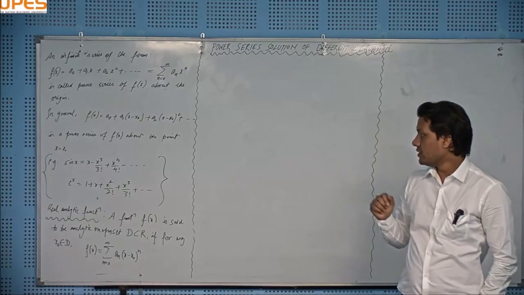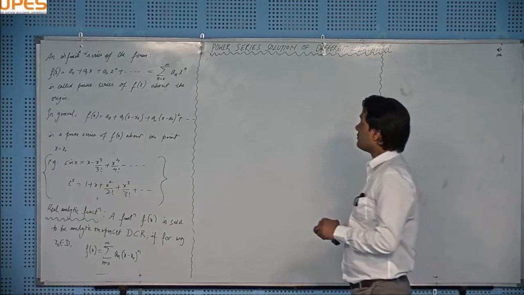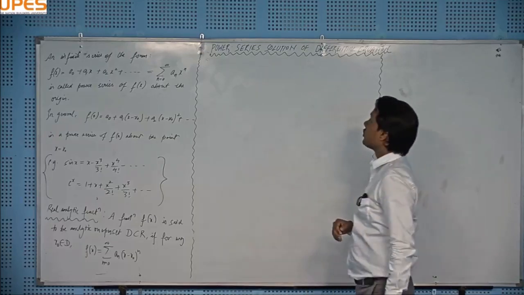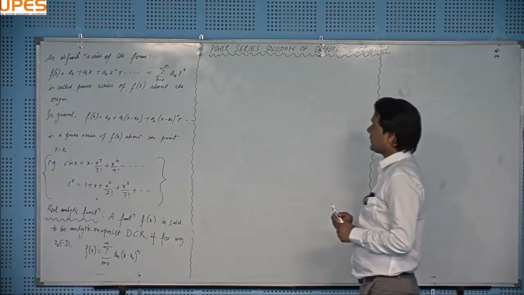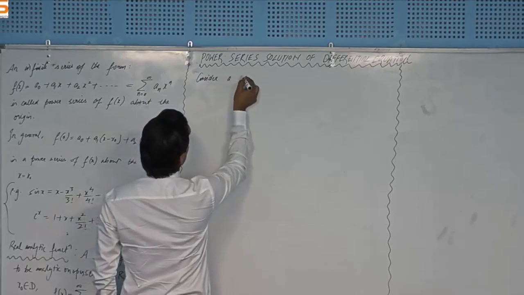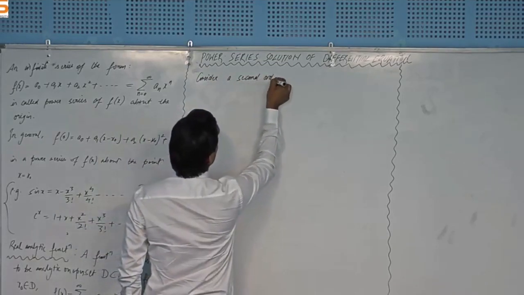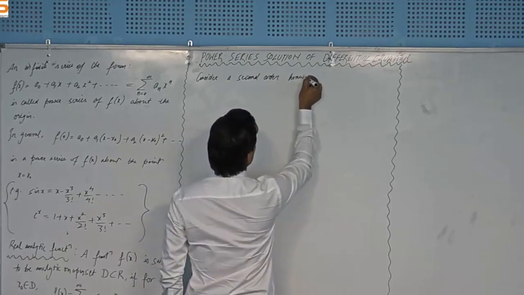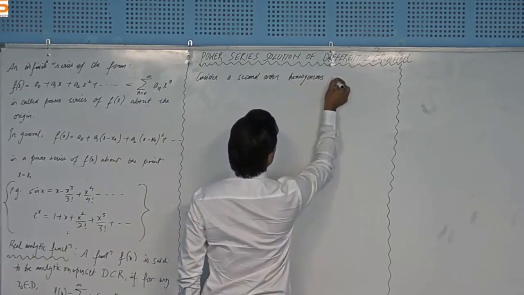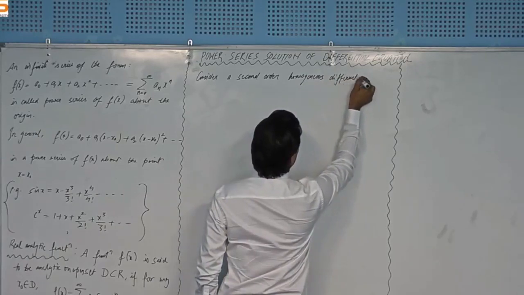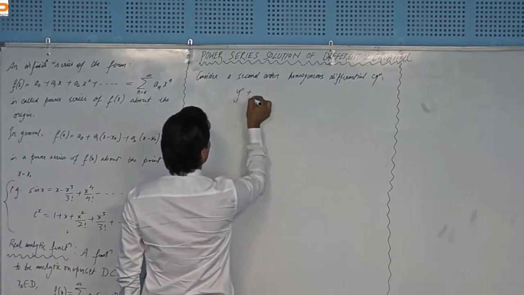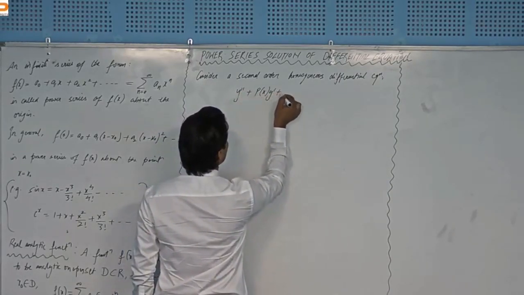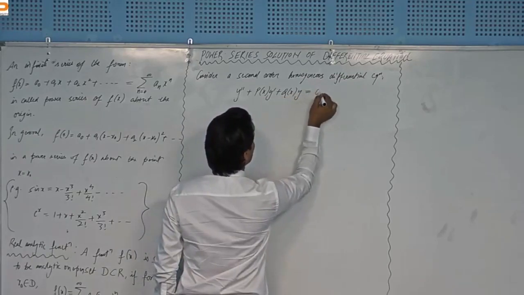Okay, so now I will write the procedure of obtaining the solution of a differential equation, right? I will consider a second order differential equation, because you are familiar with the second order differential equation. So I will be considering a second order homogeneous differential equation like this: y double dash plus px y dash plus qx y equal to 0, right?